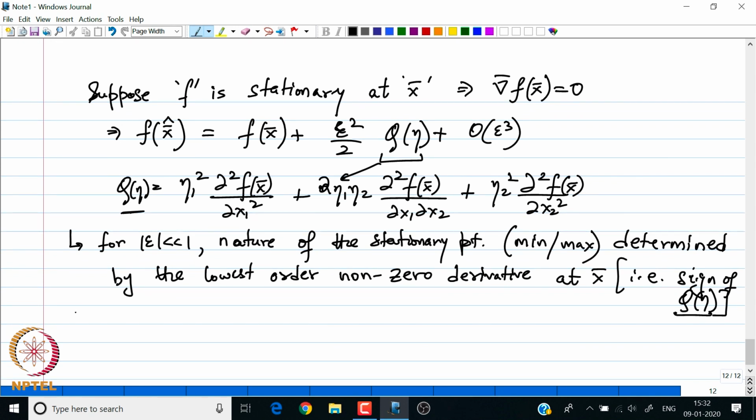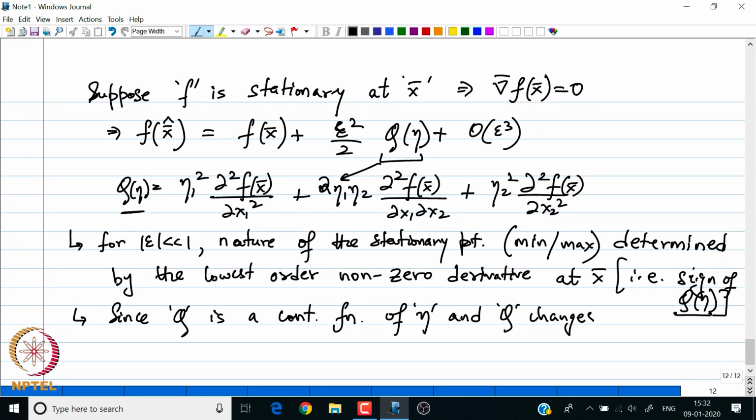So, what I said is, since q is a continuous function of eta and q changes sign, it implies that there exists a nonzero vector eta such that q of eta is 0.